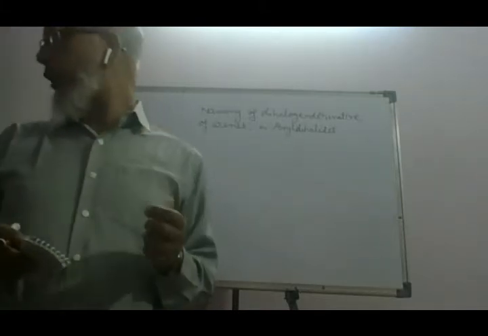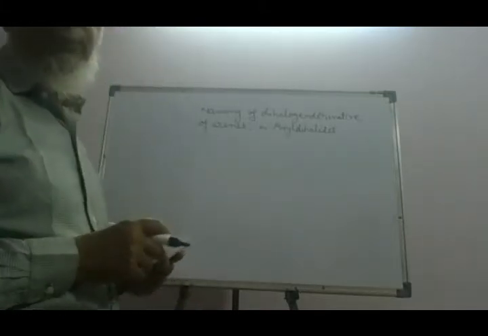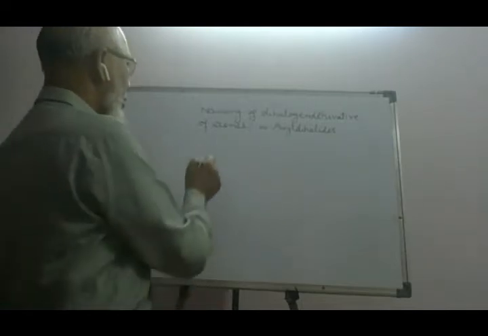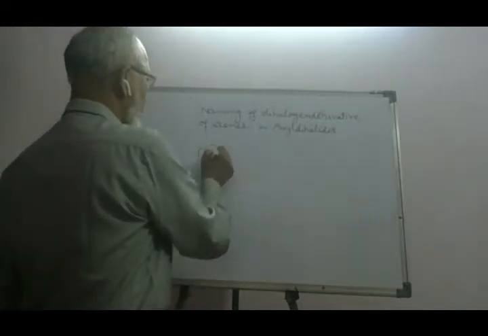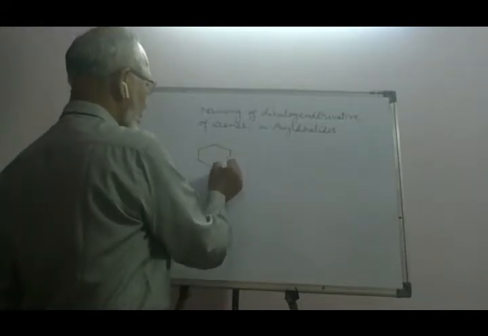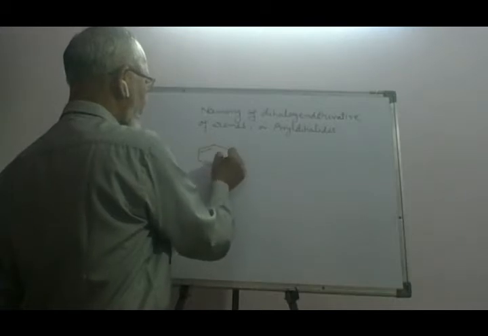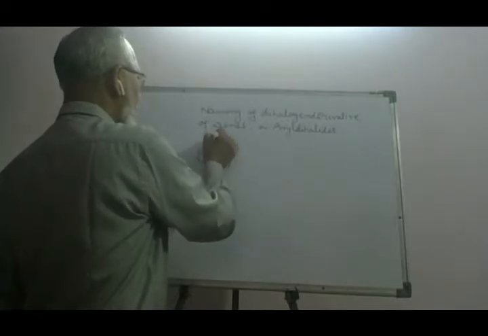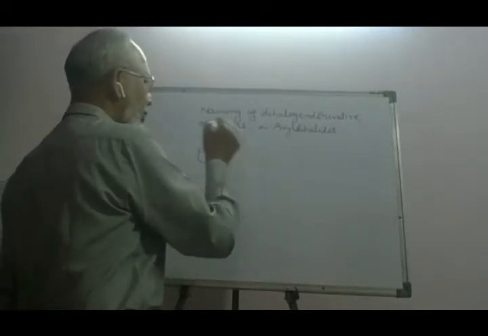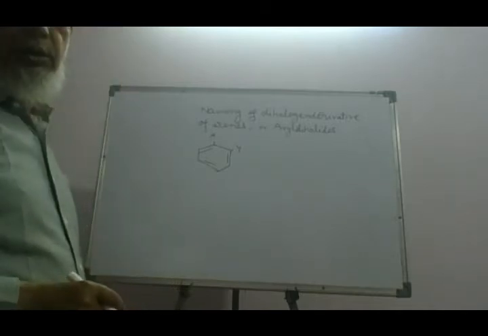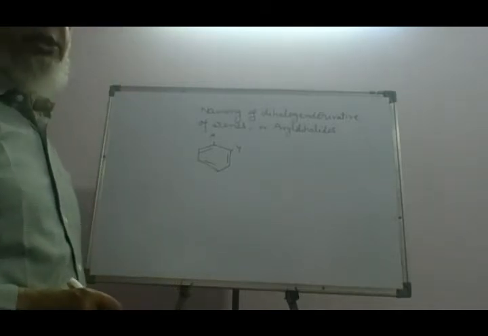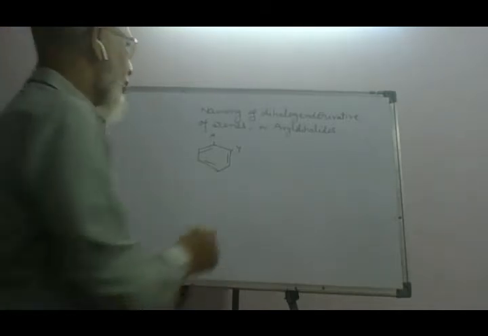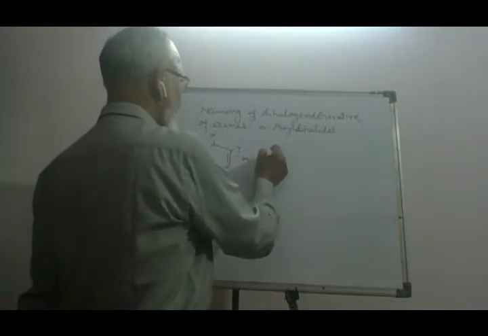In case of aryl dihalides, there may be 3 disubstituted isomers. Suppose it is X, it is Y. The 2 groups are substituted at 2 adjacent positions. The position may also be like this.